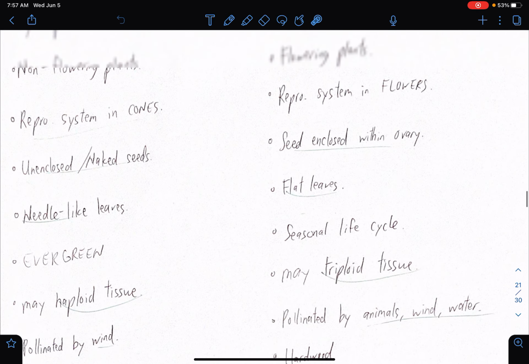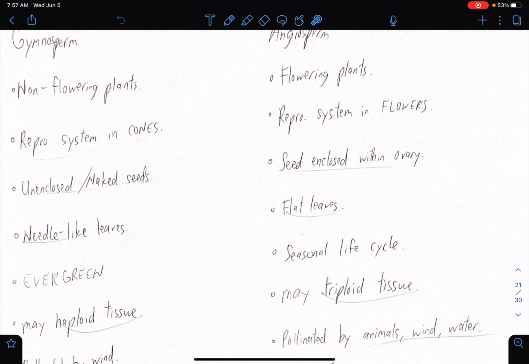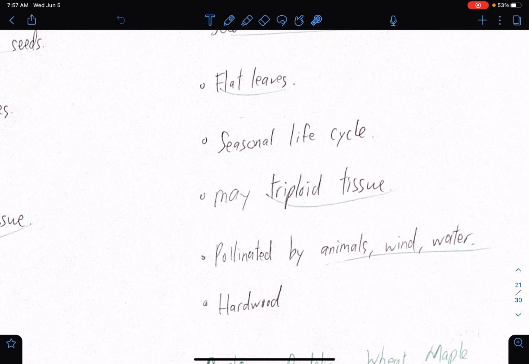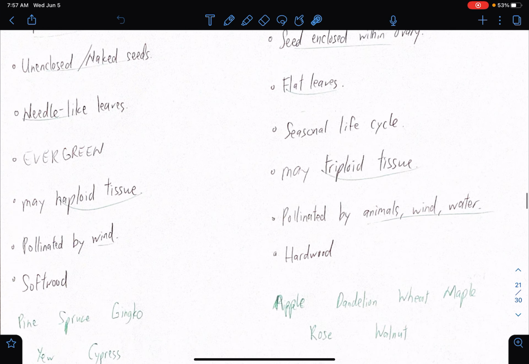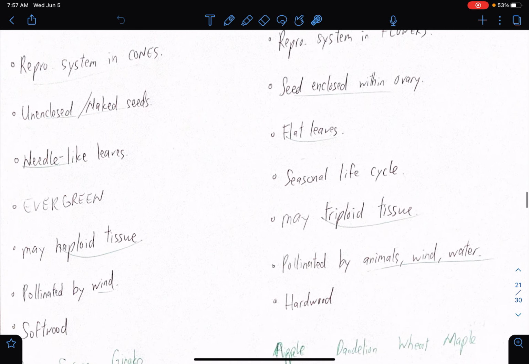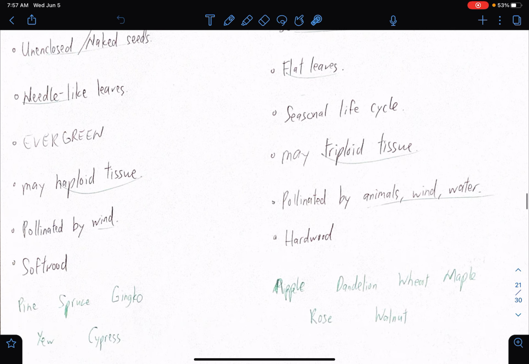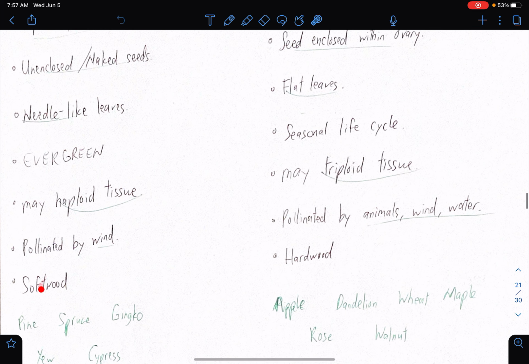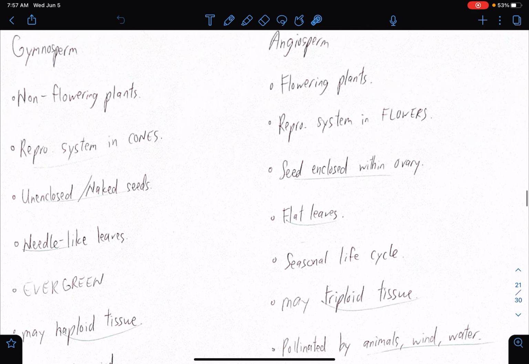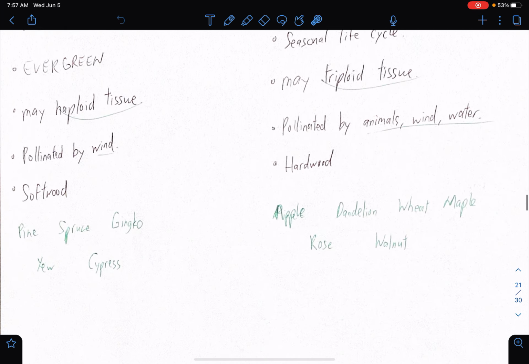Compare that to angiosperms. Their pollen is distributed by animals, wind, and water. So there are definitely more factors, which again explains why angiosperms are more diverse compared to gymnosperms and everyone else. And yes, gymnosperms are softwood, angiosperms are hardwood.